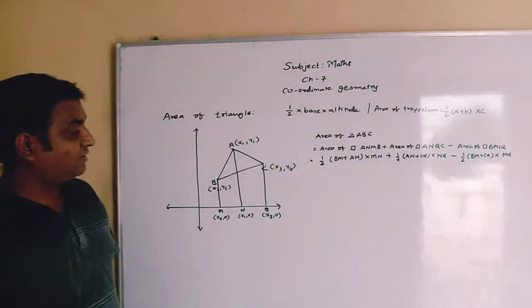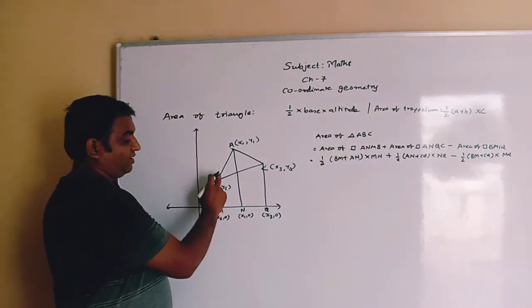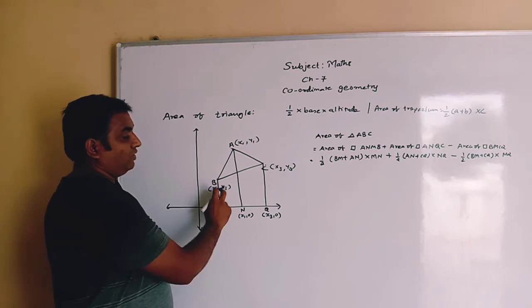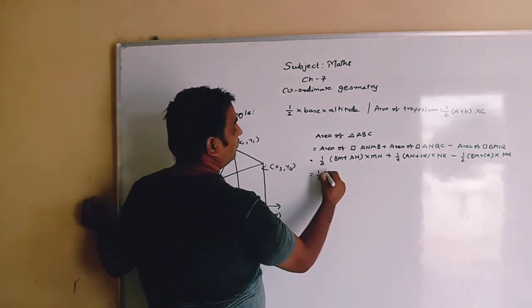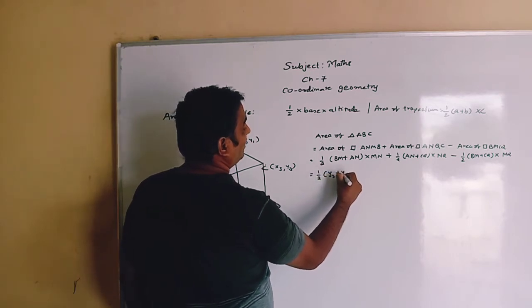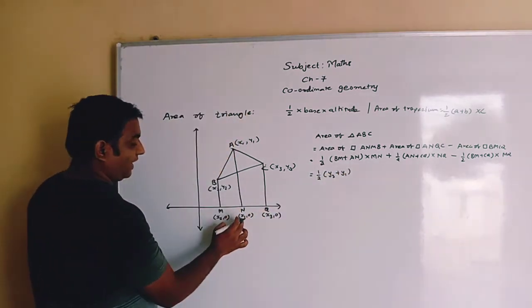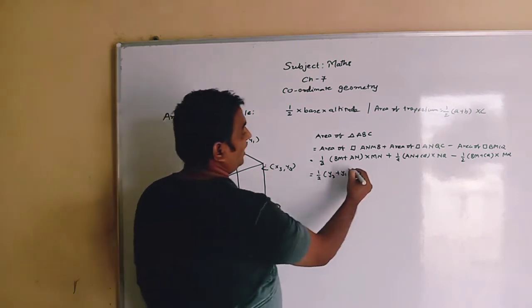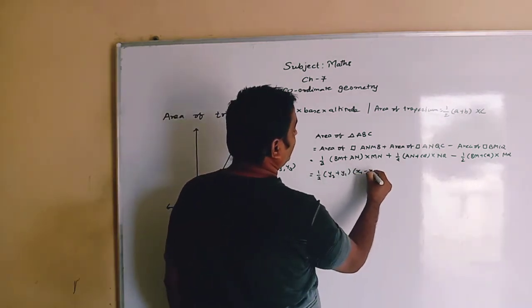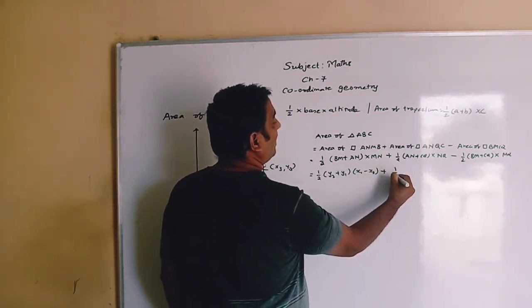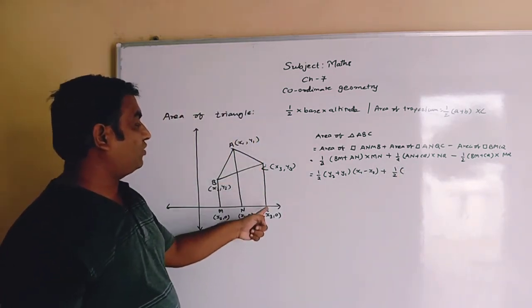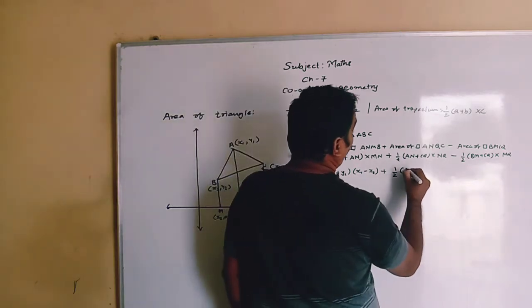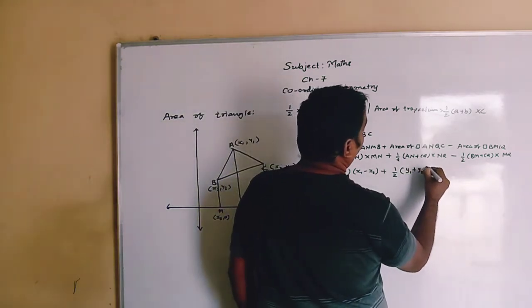Here the length of BM will be y2, the length of AN will be y1, so 1 by 2 (y2 plus y1) while MN length will be x1 minus x2, so we write (x1 minus x2), plus 1 by 2 AN, that is y1, and CQ, that is y3, so (y1 plus y3) and NQ.